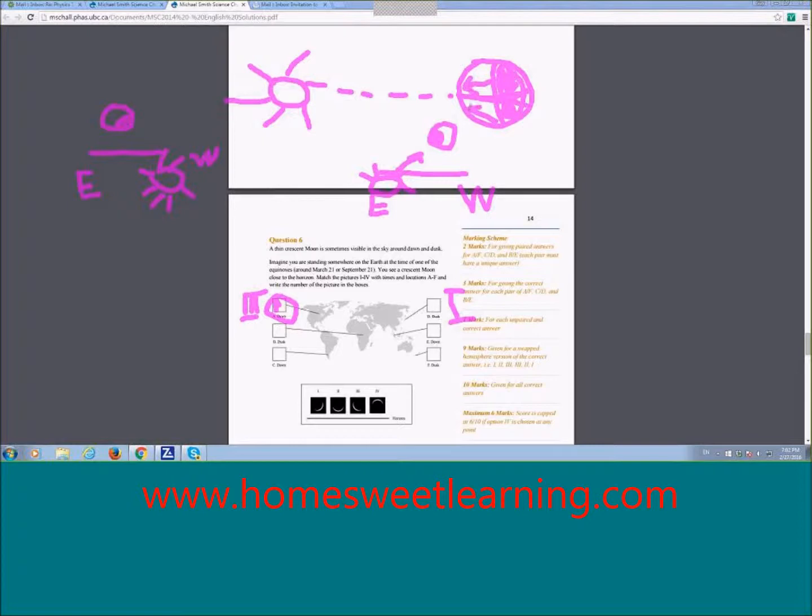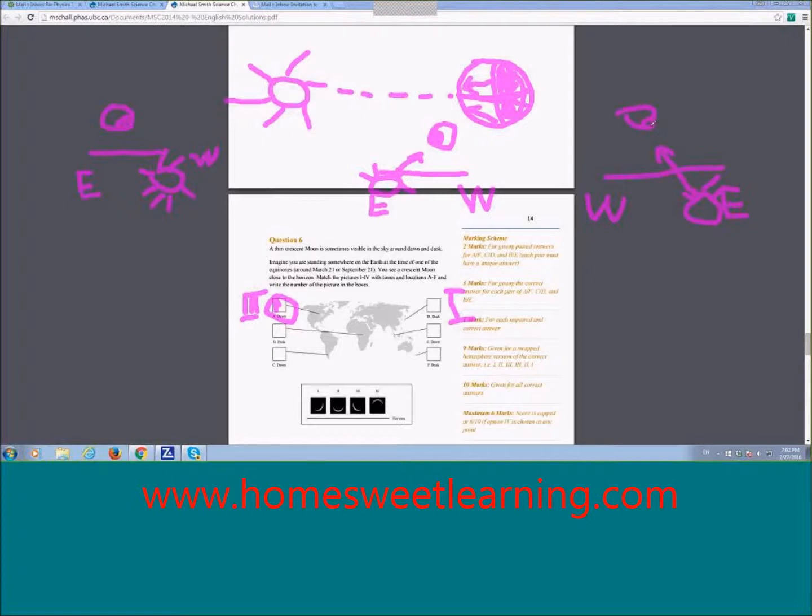Now, if we look at the southern hemisphere, we're going to be doing the same thing, only now we're going to be facing the equator again, but now we're facing north, partially. So our east and west are actually as they are: east on the right, west on the left. The same thing is going to happen. So in the morning, at dawn, we're going to have the sun rising in the east, and the moon is going to be somewhere here on the horizon.